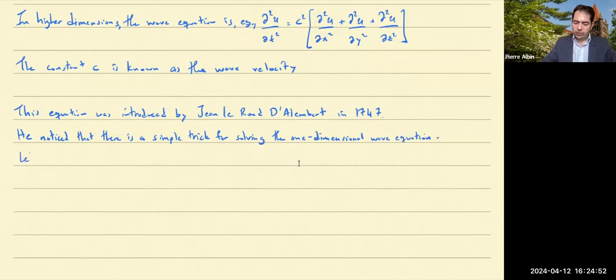So what we'll do is we'll define the new variables xi equals x minus c times t and eta equals x plus c times t.